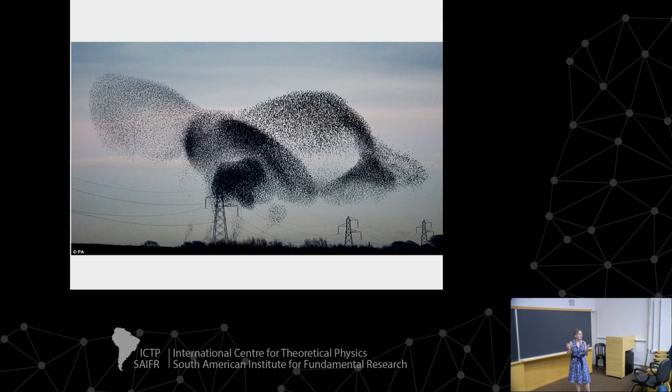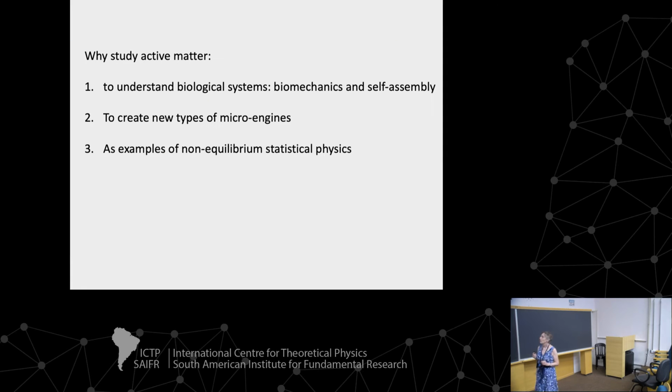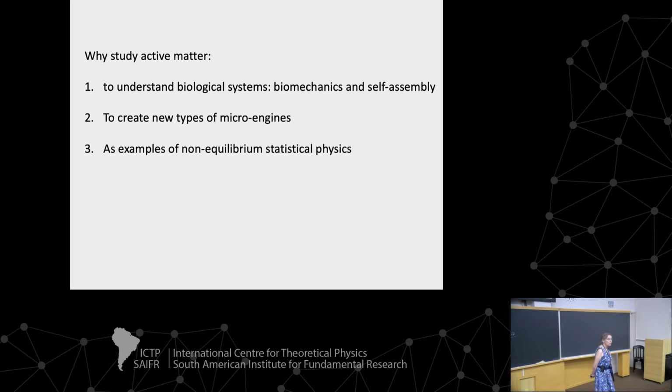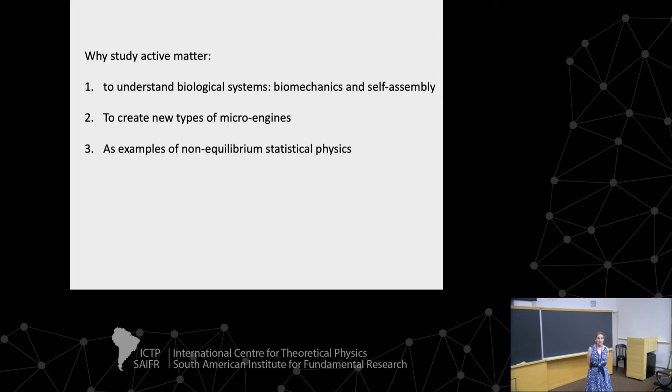They can probably do things like look at their neighbors and see if there's a difference. And there's been a lot of work trying to understand this, and I believe that nobody yet really understands what's going on in these systems. Okay, so that's why we study active matter.